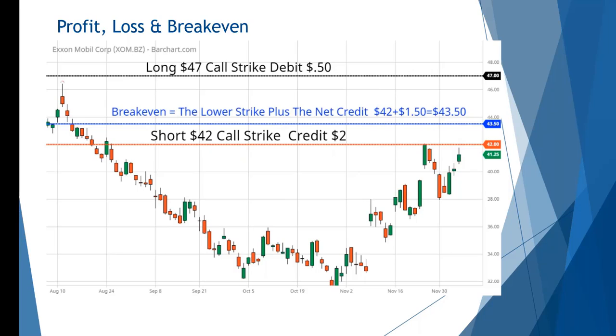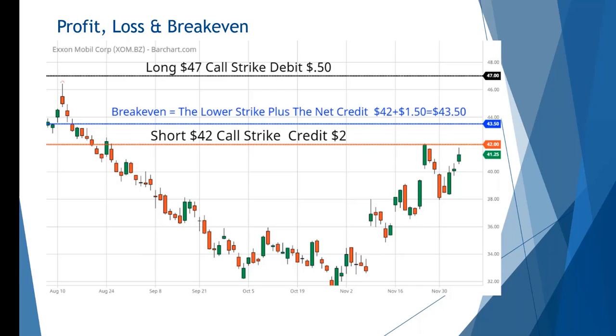Now, our break even is based on the credit that we take in plus that lower strike. So the lower strike here is $42. We're going to take in $1.50 as a credit, and so our break even is $43.50.